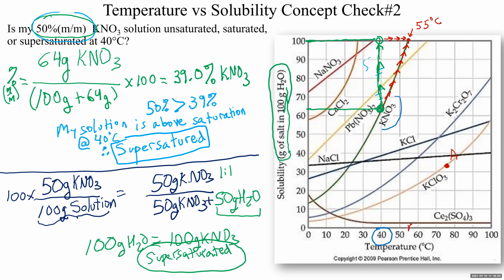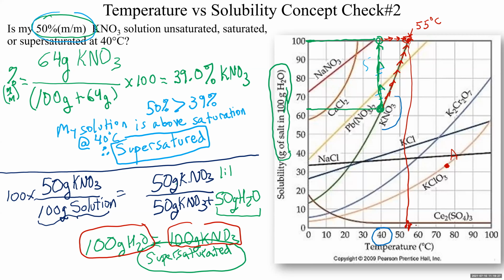So I hope you can see that. This point here for potassium nitrate represents supersaturated at 40 degrees. If we simply move over to a hotter temperature, we see that the graph of potassium nitrate intersects the 100 grams of potassium nitrate dissolved in 100 grams of water line. That's right here, and if you trace that line straight down, you'll draw a straighter line than me, you'll get to 55 degrees Celsius.